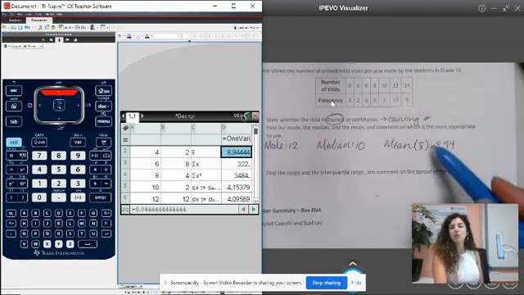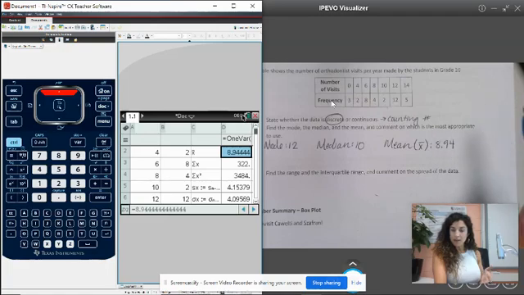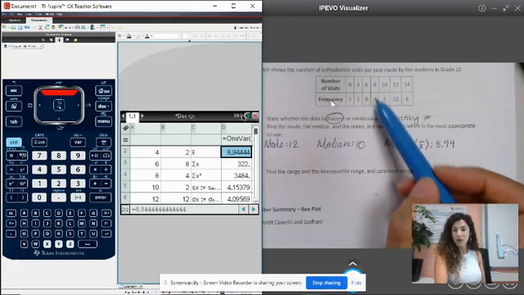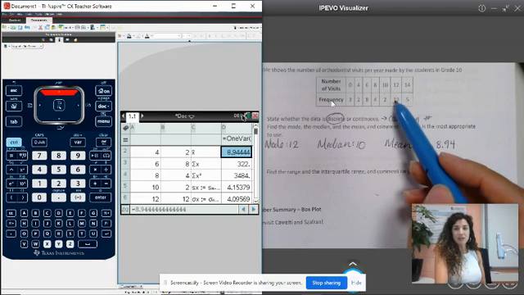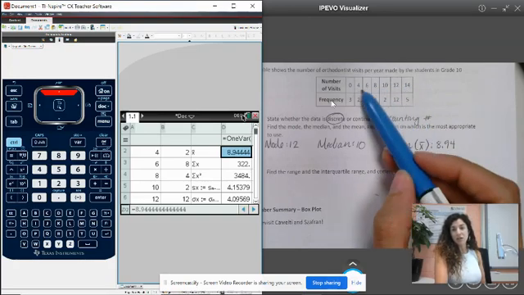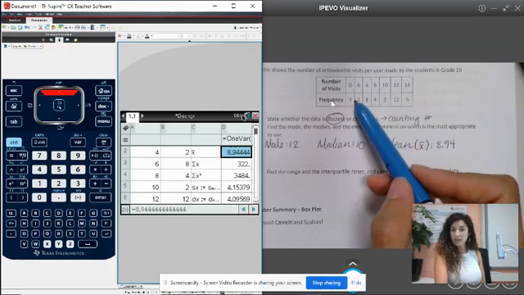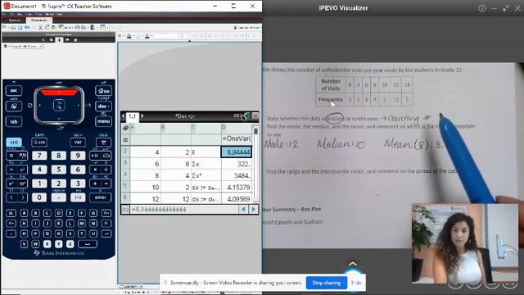Honestly, with this question, if you feel you can back up your answer in a logical way, you could say the mean was more appropriate because 9 seems to be more in the middle of the data. But I think we could all agree that the mode is not appropriate here because it is so heavily skewed to one side. There's a lot of information far away from 12, like 0, 4, 6, that's not even taken into consideration.